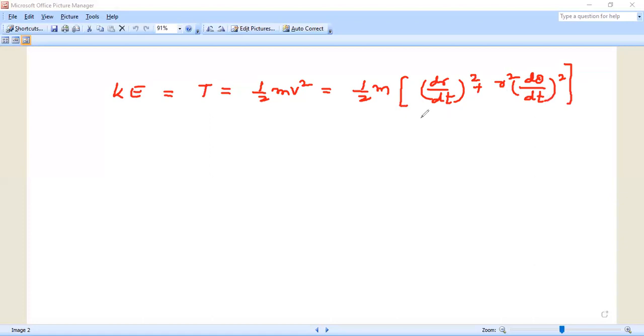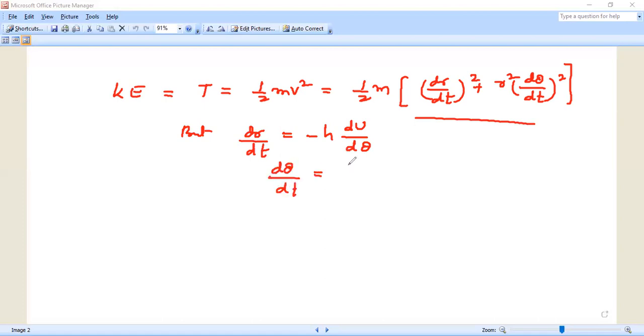So this is v square. This is inside the square bracket. This is the equation, okay, no problem. Now for the substitution, dr by dt is equal to minus h du by d theta, and d theta by dt is equal to h u square, you should remember this.